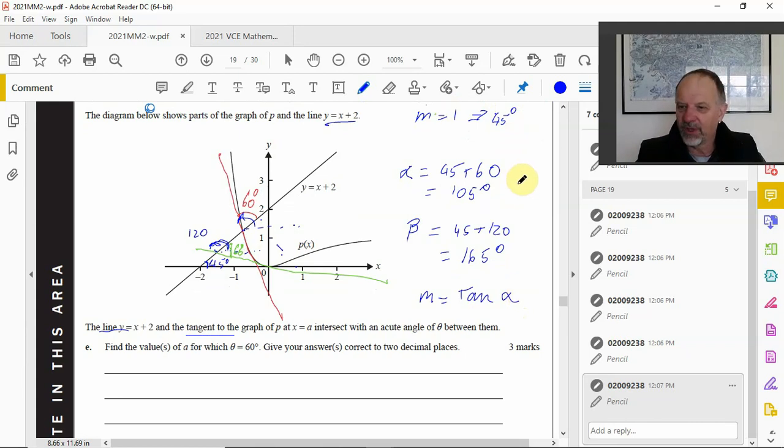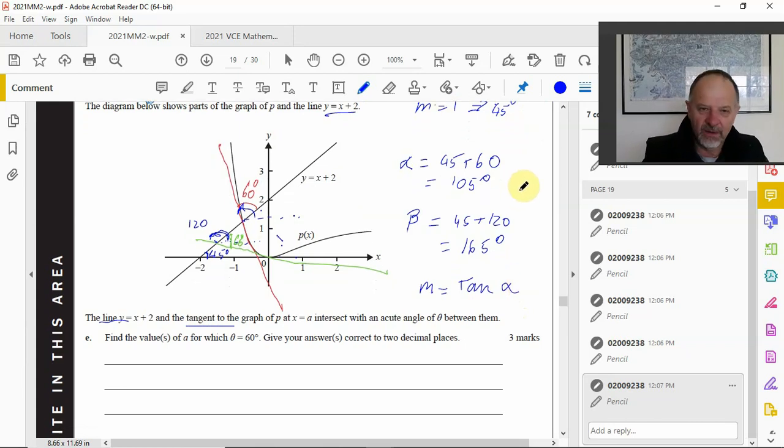All right, so we've got two options. So our gradient, which is our derivative, is either equal to tan 105, that's when it's this situation, or our derivative, which is the gradient, is the tan of 165.